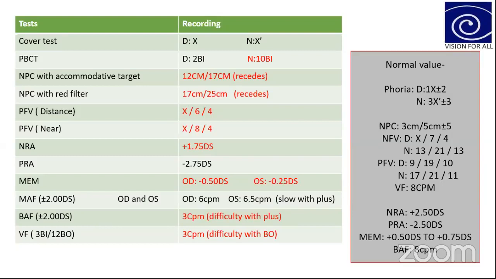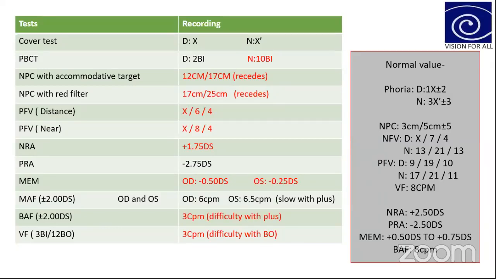MEM normally shows a lag of accommodation of around plus 0.50 to plus 0.75 diopter spherical, which is acceptable. Binocular accommodative facility should be 8 cycles per minute. So this is the normal value which I discussed just now.